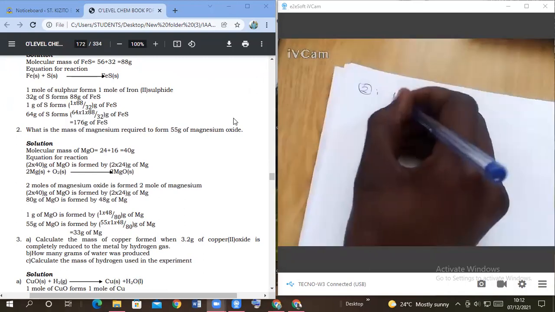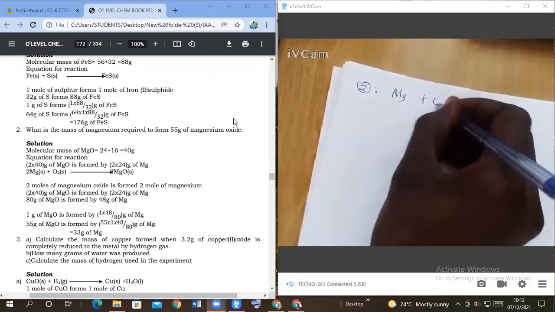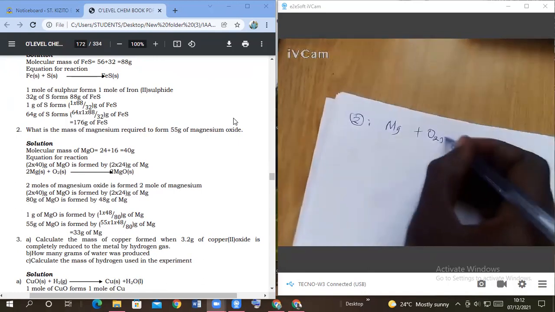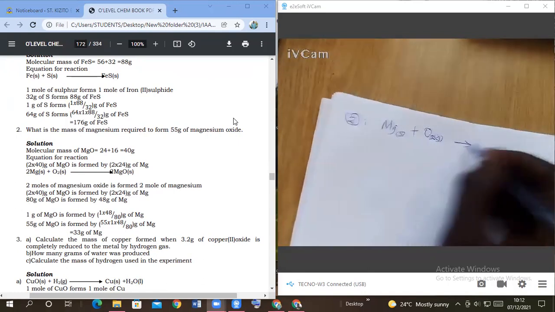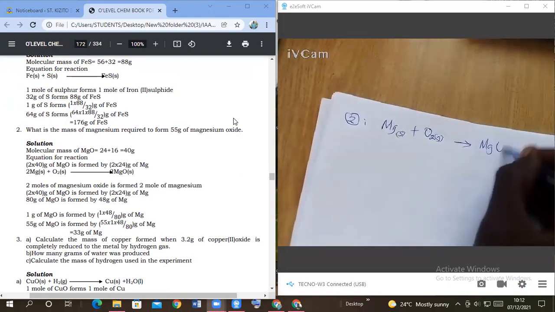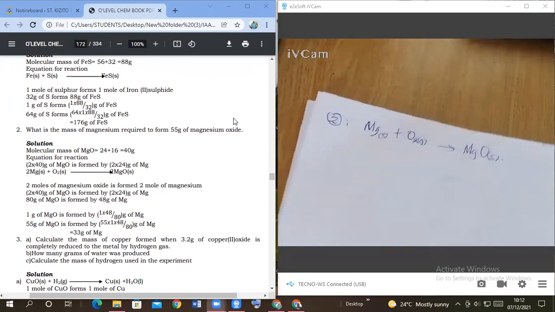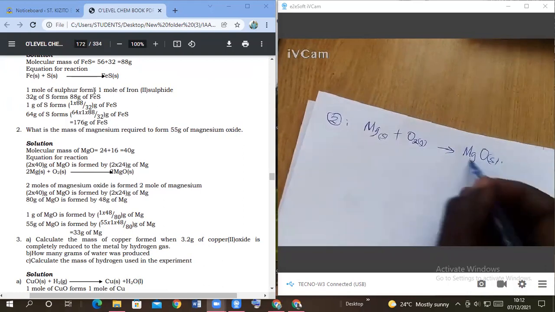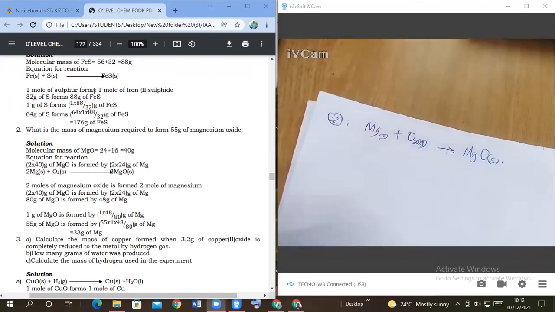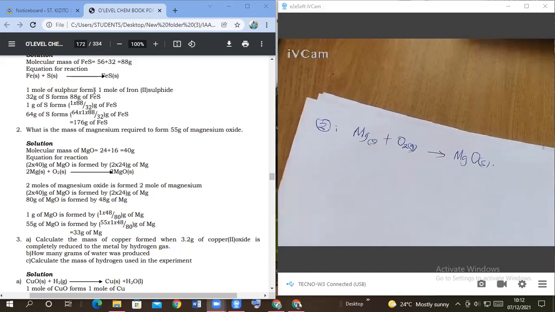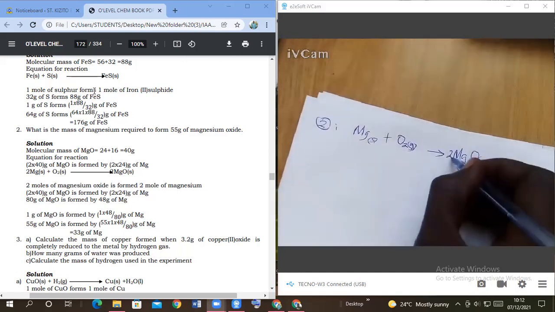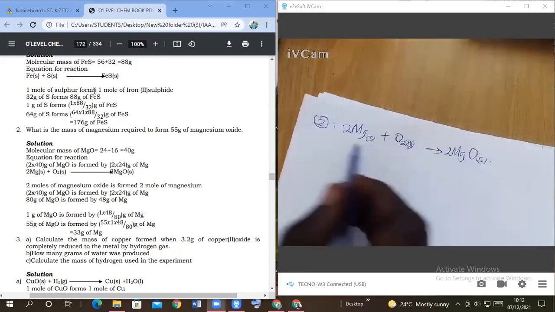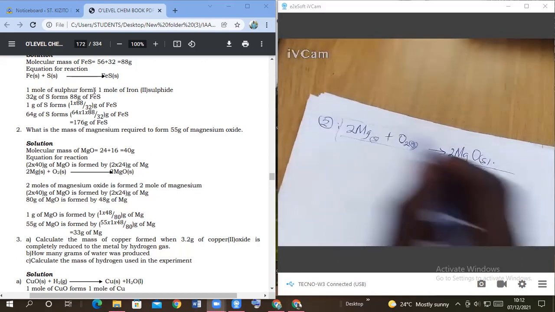Magnesium and oxygen. Very good. Oxygen is a gas, magnesium is a solid, to form magnesium oxide, which is a solid. Now, is this equation balanced? No. What should we do to make the equation balanced? Put a 2 on magnesium oxide and a 2 on magnesium. Okay. That is our equation.